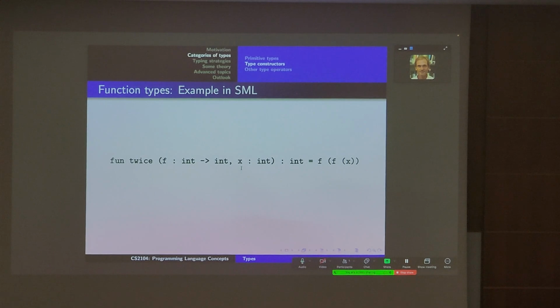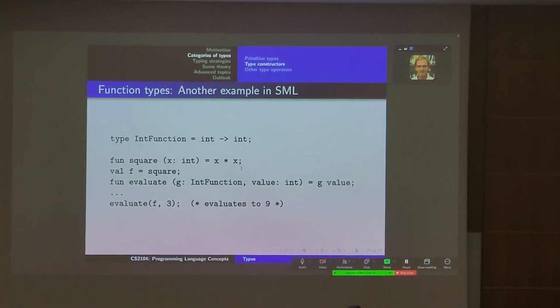SML lets you declare a function twice that is applied in this case to a function that takes an integer and gives you an integer, as the first argument of twice, and you have an integer as the second argument of twice, and the function twice returns an integer, and it computes that integer by applying the function twice to its argument. That's an example.